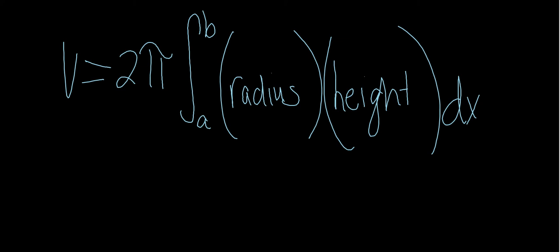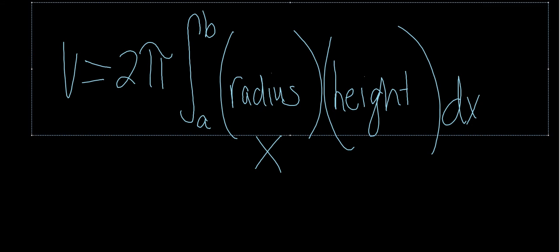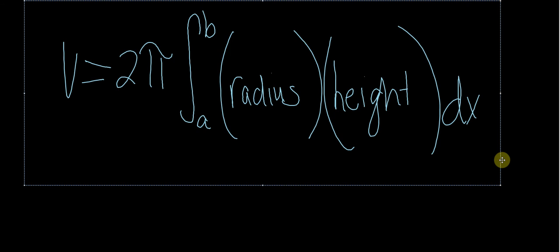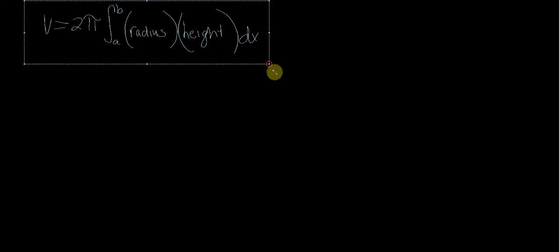The radius is generally x, except when the problem is being revolved around an axis other than y equals 0. And when that happens, the equation of the radius changes.